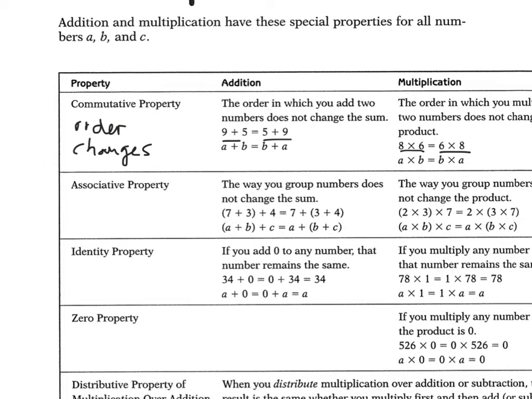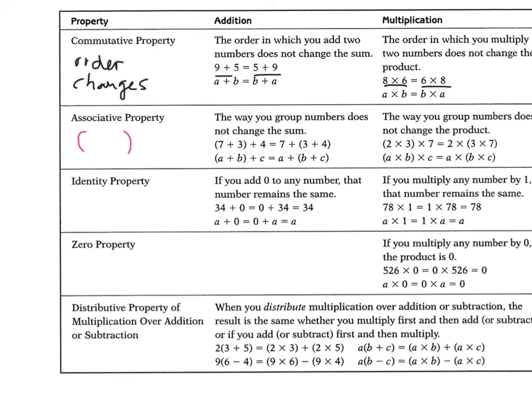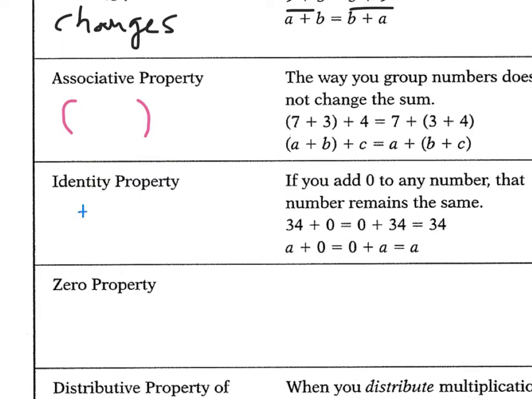Next we have the associative property. So our parentheses are changing, and again, the sum or the product does not change here. So the only thing that's changing are the parentheses. Next, we have the identity property. So in the identity property, we can add 0 or multiply by 1, and our number remains the same.